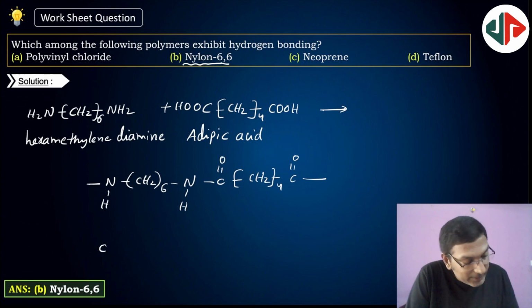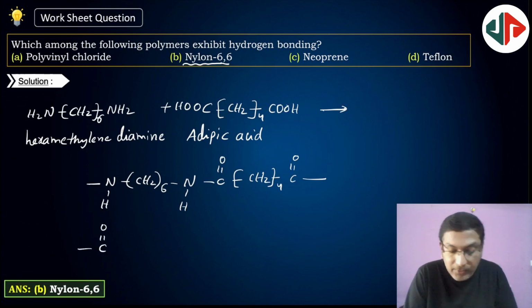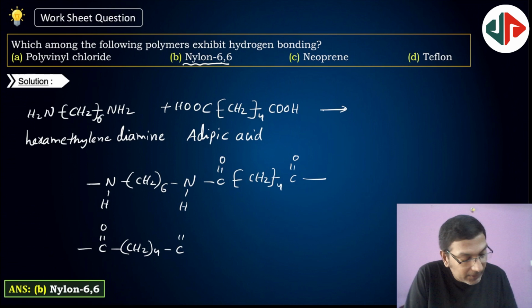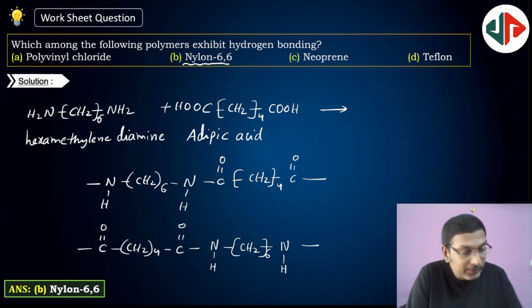Next, one more chain will be there: CO, CH2 four times, CO, NH, CH2 six times, NH, and so on. So here hydrogen bonding will be present.